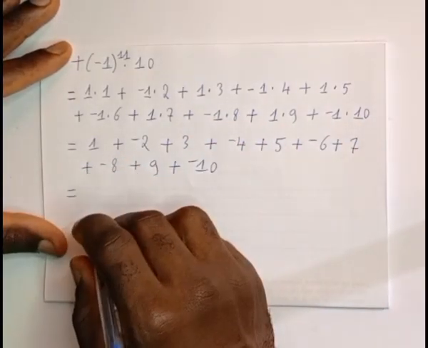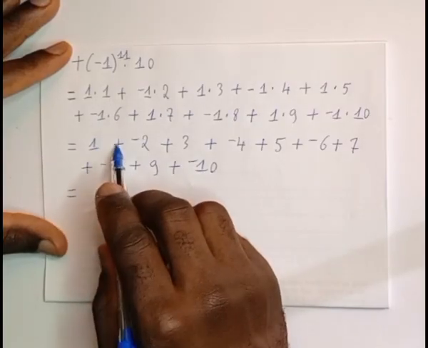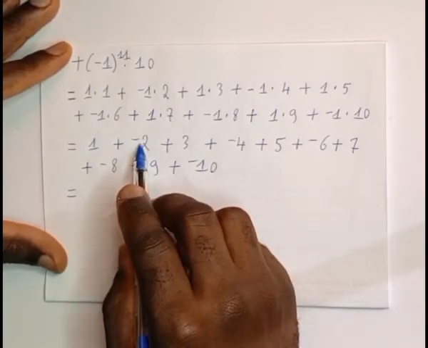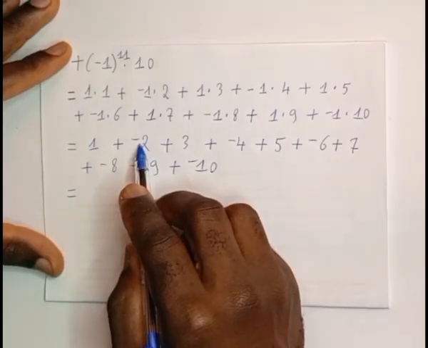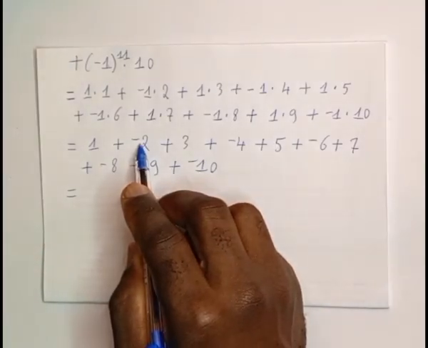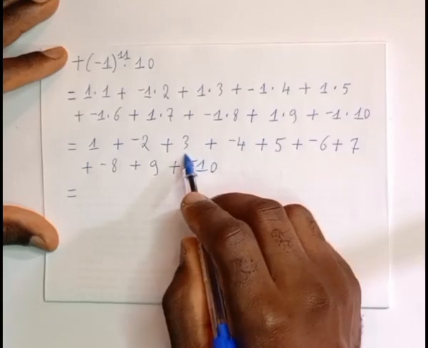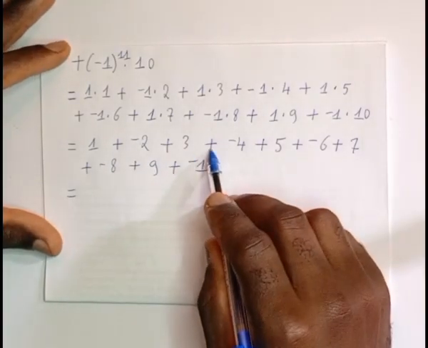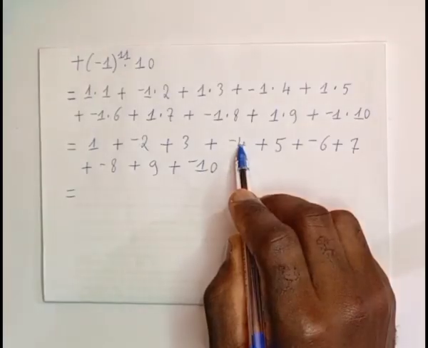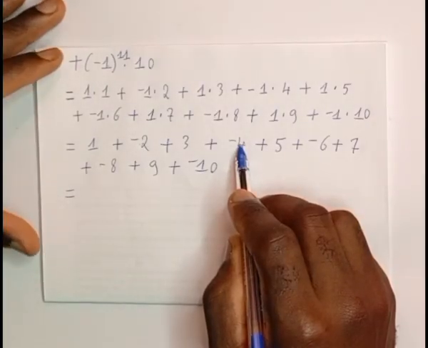This will simply be equal to 1 plus negative 2 is the same as 1 minus 2. 1 minus 2 gives us negative 1. Negative 1 plus 3 gives us 2. 2 plus negative 4 gives us negative 2.